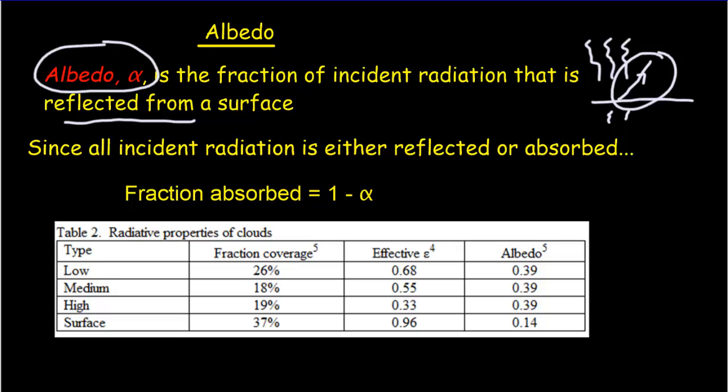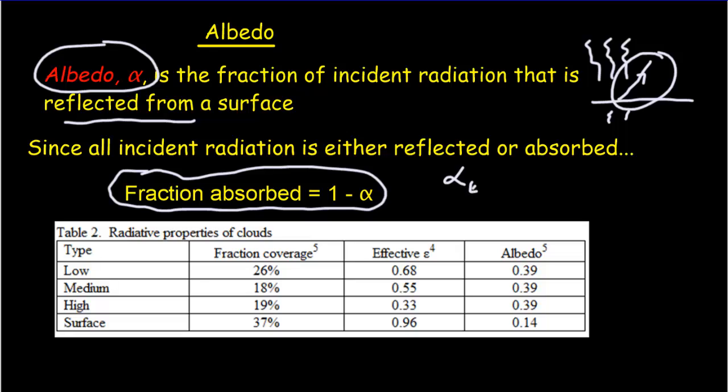Now, of course, all the radiation that comes in has to be either reflected or absorbed, and that means if we know the albedo, we also know the fraction that's absorbed. So, for instance, the albedo of the Earth is on average equal to 0.3, and that would mean that 70% or 0.7 of the light is absorbed.